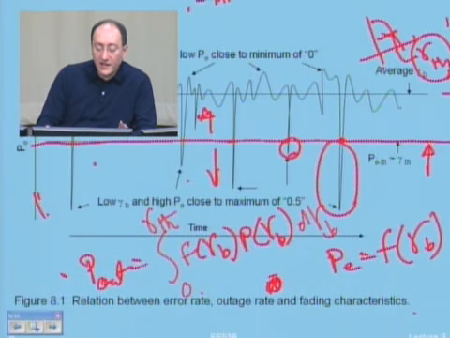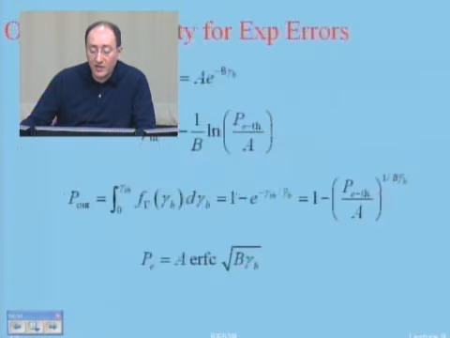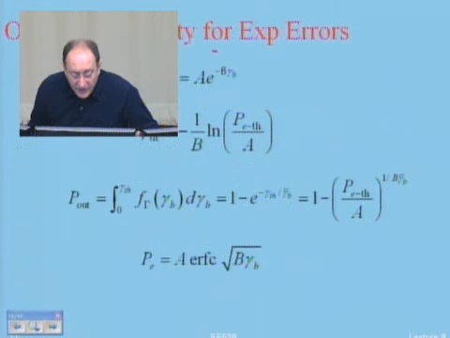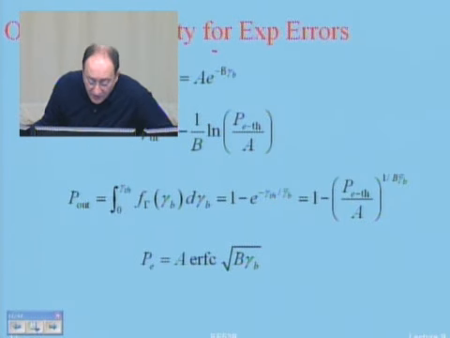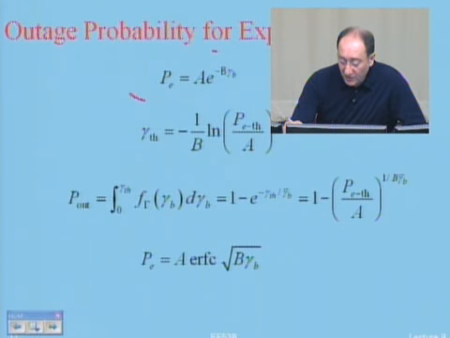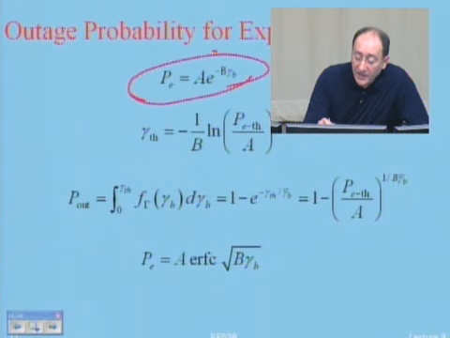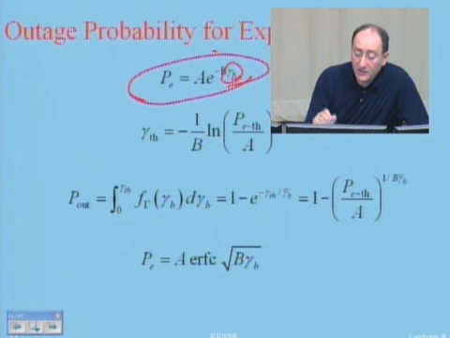So basically, again, if I want to formulate this in mathematics, I have a probability of error which is given as an exponential function of signal to noise ratio.